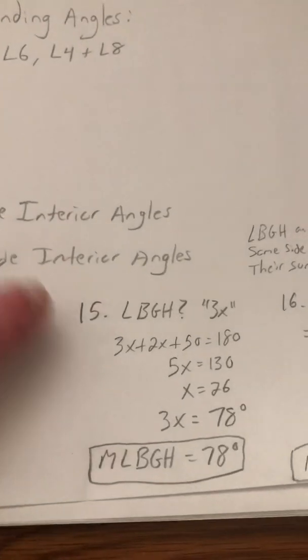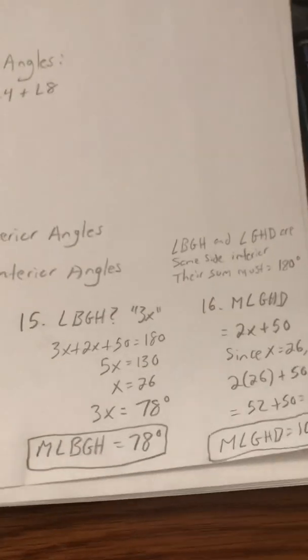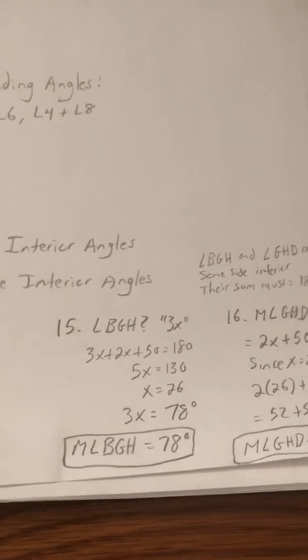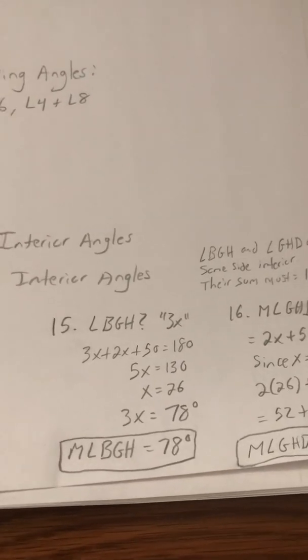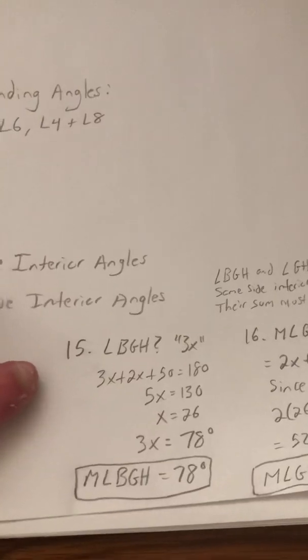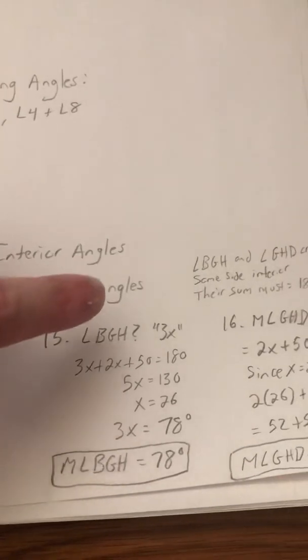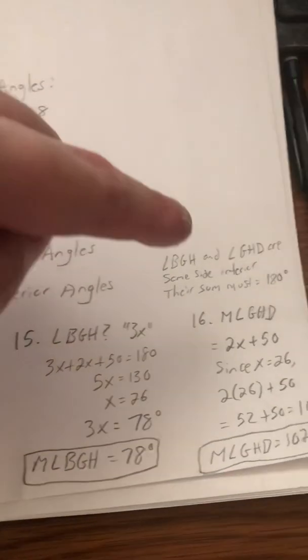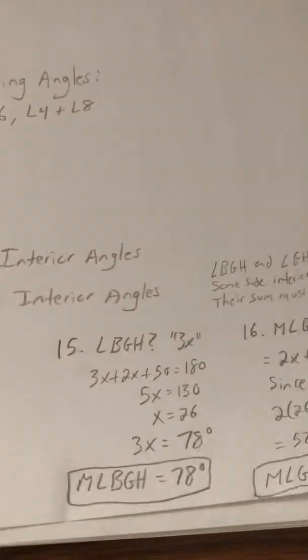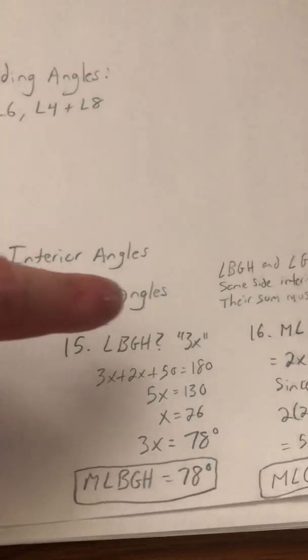We know that those two angles, BGH and GHD, are both same side interior, so they're going to be equal to 180. So we take the expression from one angle, add it to the expression of the other angle, and you get 3x plus 2x plus 50, which is GHD's measure, and those are going to equal 180.